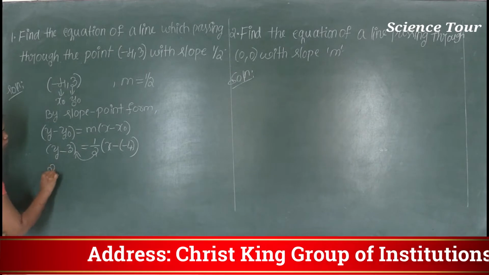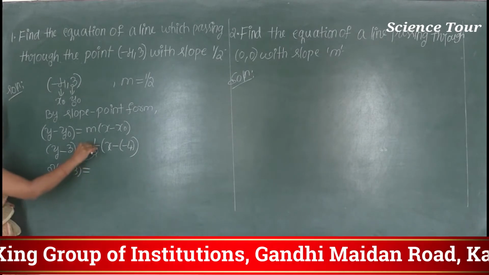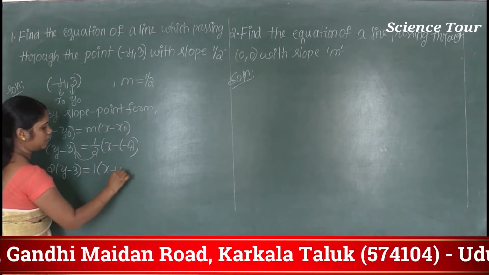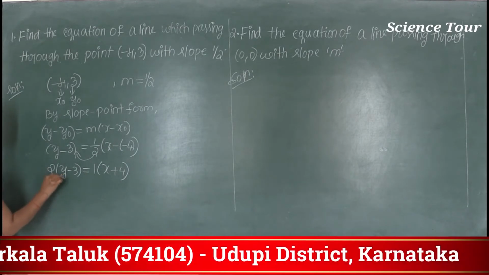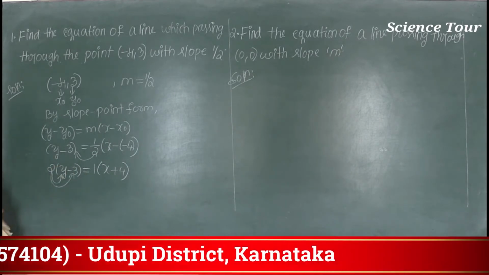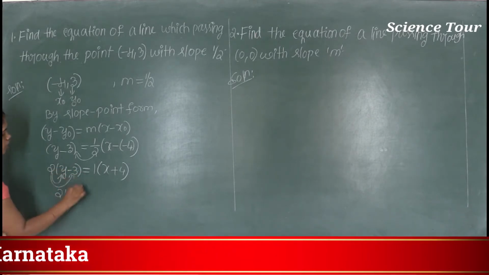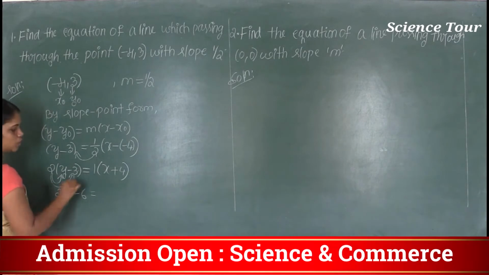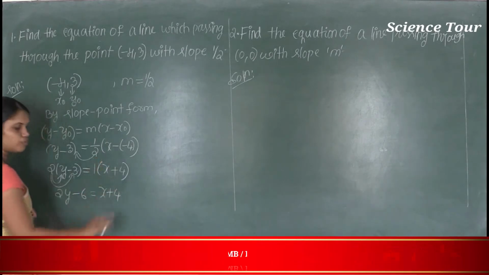So 2 into y minus 3 equal to 1 into x, minus into minus will become plus, so plus 4. We will simplify 2 into y, 2 into minus 3. 2 into y is 2y. 2 into minus 3 is minus 6. So this is equal to 1 into x plus 4, which is x plus 4 itself.